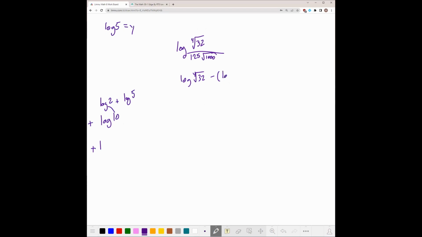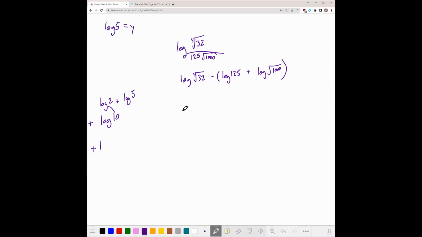So this is log 125 plus log of root 1000. Now, keep in mind, this has to be in brackets because they're both going to end up being subtractions because they're both in our denominator. So we need this subtraction to be outside of brackets so it distributes onto both our terms.